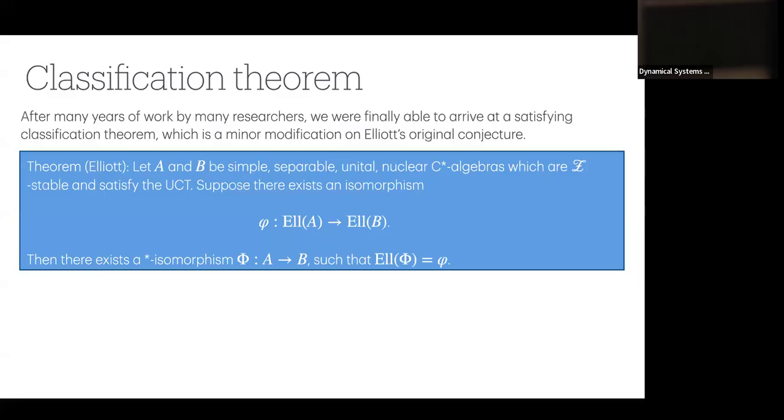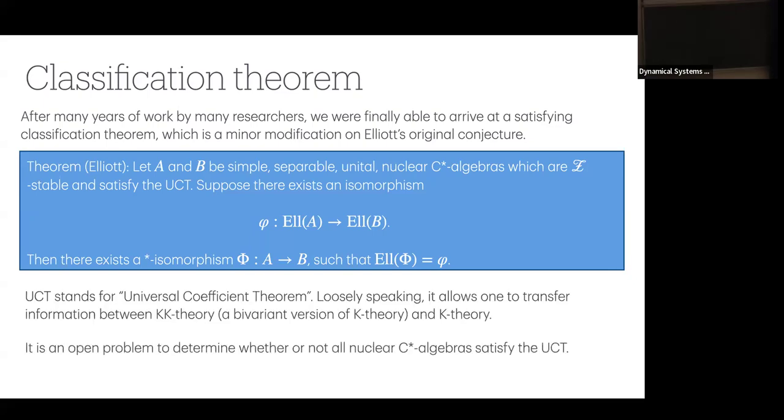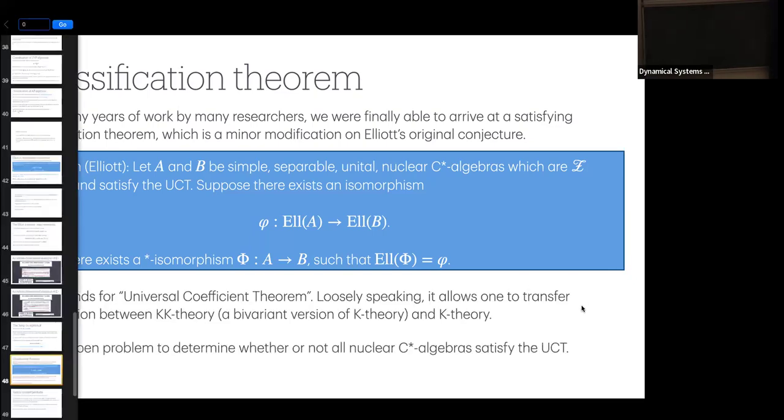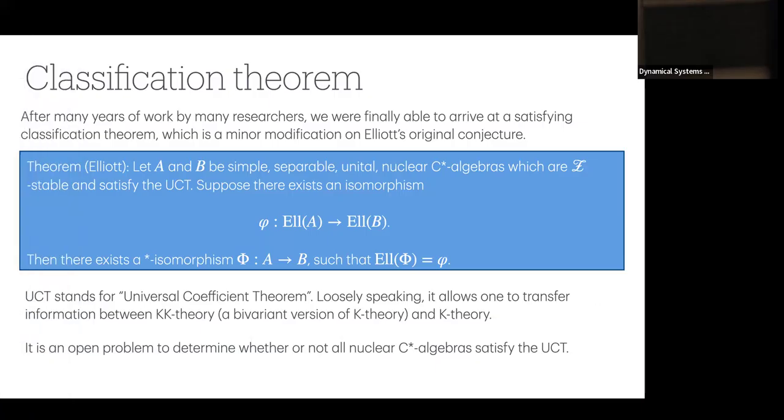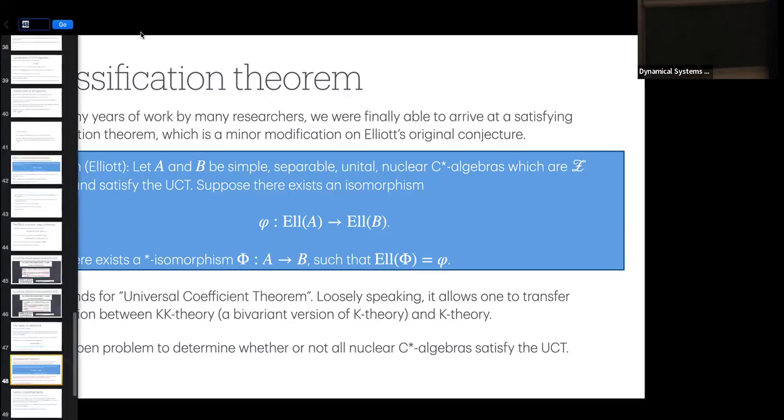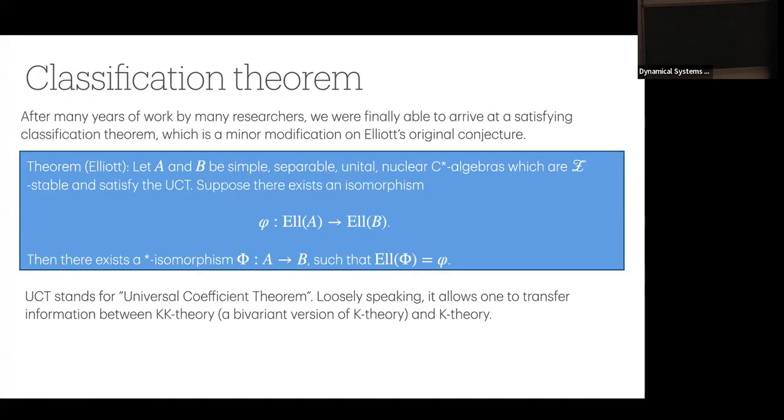Now we have just added Z-stability, so they have to be isomorphic to themselves tensor with Z, and something called the universal coefficient theorem, and then we get the exact statement. I told you what Z-stability is. The coefficient theorem is, loosely speaking, just something that allows you to use K-theory as a good invariant.